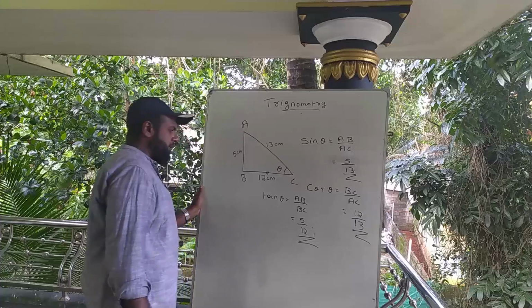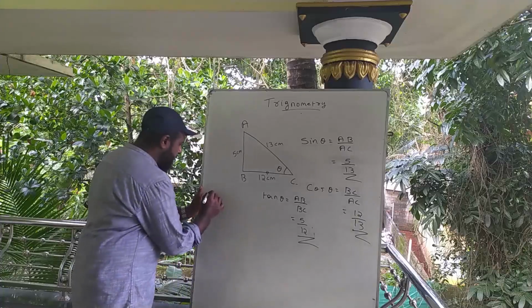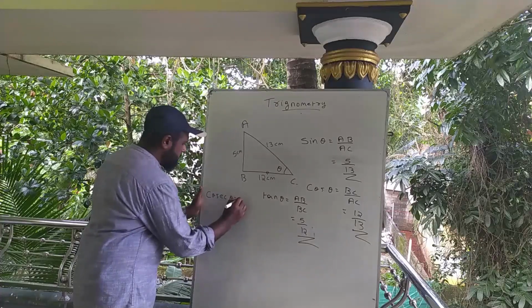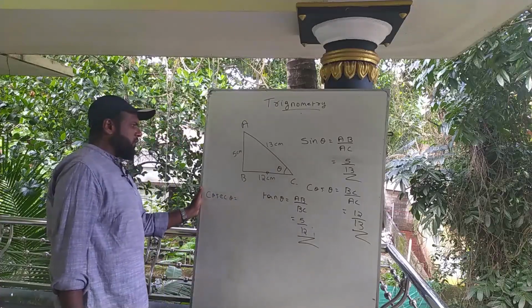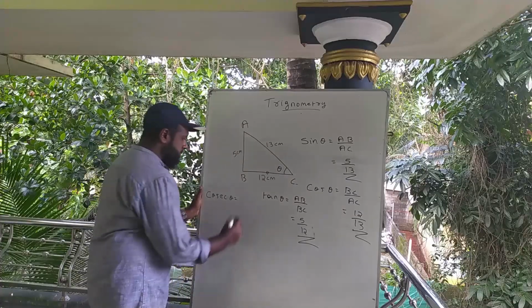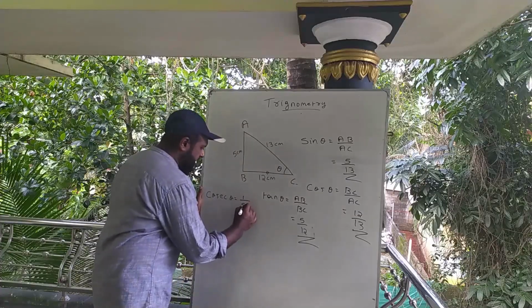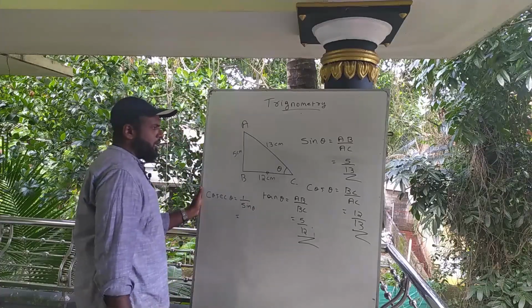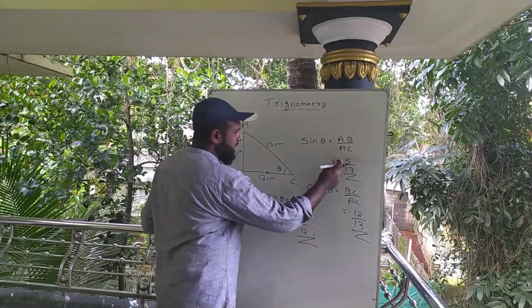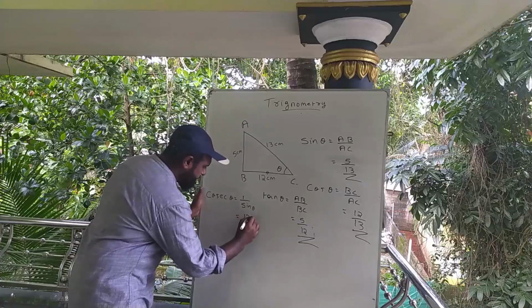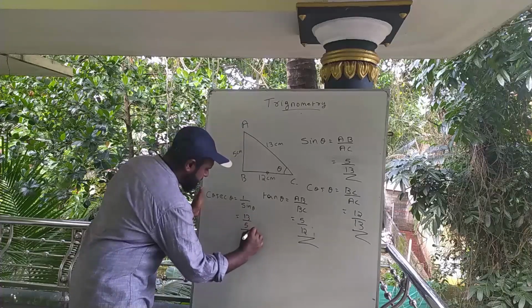That is tan theta. Next we can find what is cosec theta. Cosec theta equal to 1 by sin theta, equal to reciprocal of sin theta, equal to reciprocal of 5 by 13. That is 13 by 5.